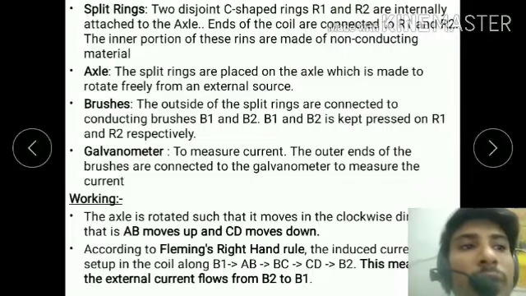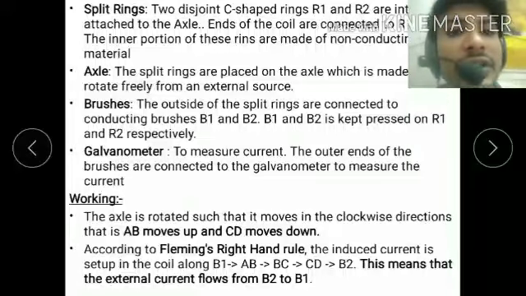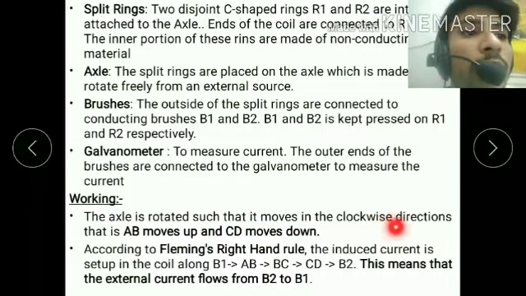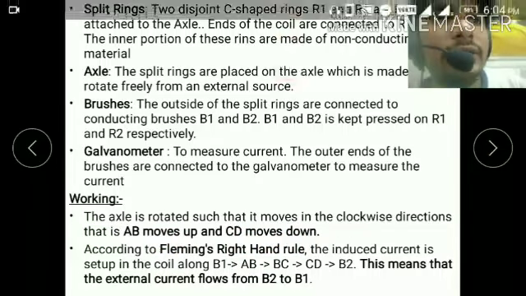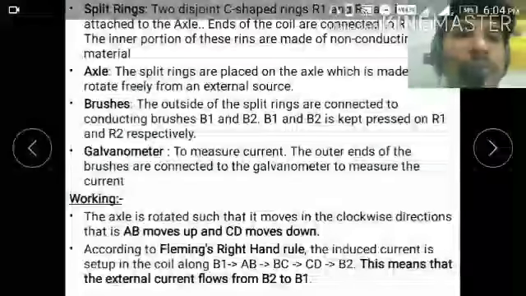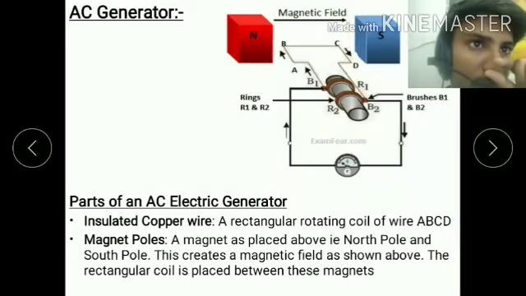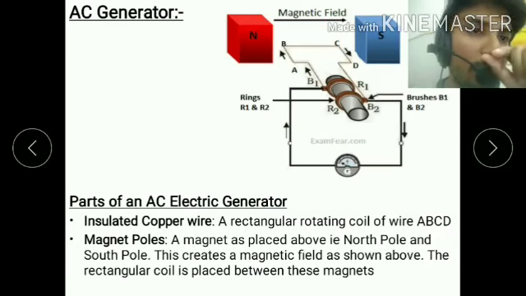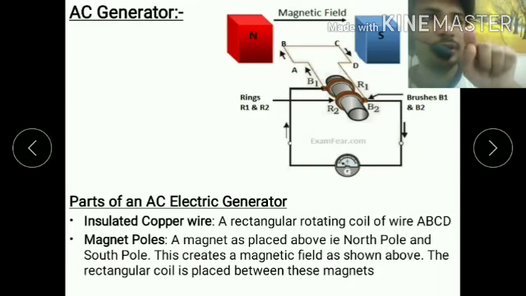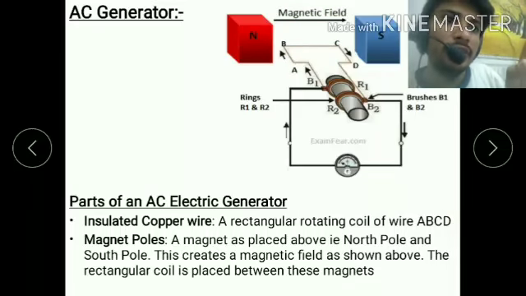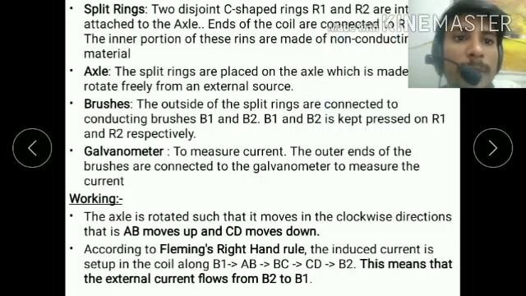Now working. How the AC generator works. The axle is rotated such that it moves in the clockwise direction, that is, AB moves up and CD moves down. If the rectangular copper wire starts to move in the clockwise direction, AB moves upward and CD moves downward.